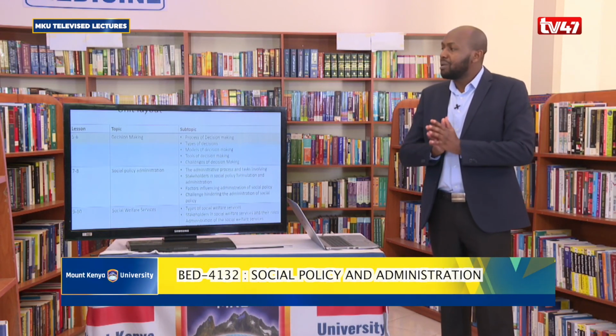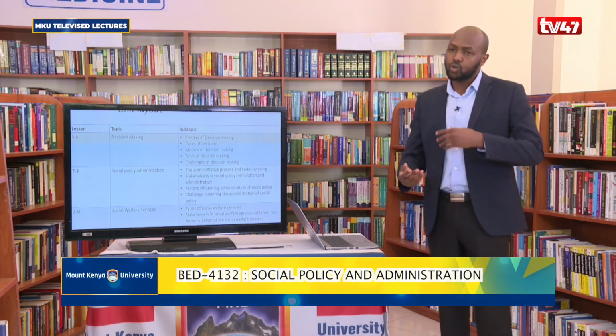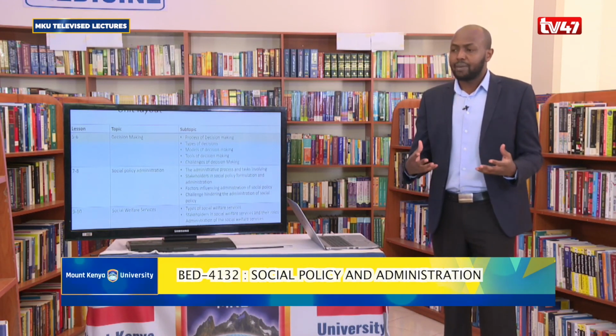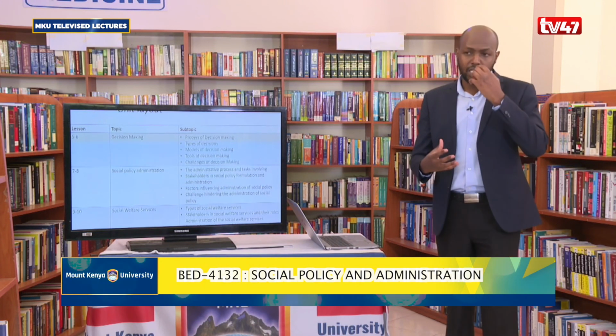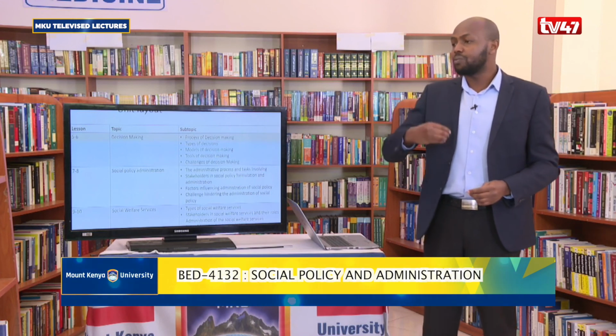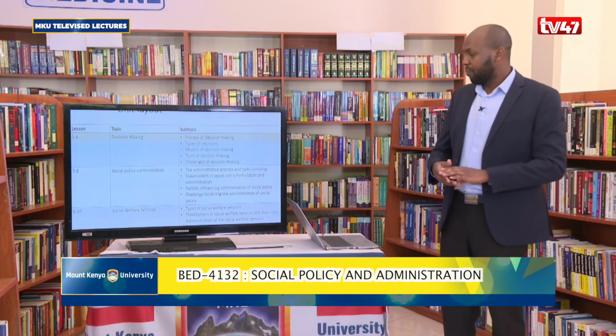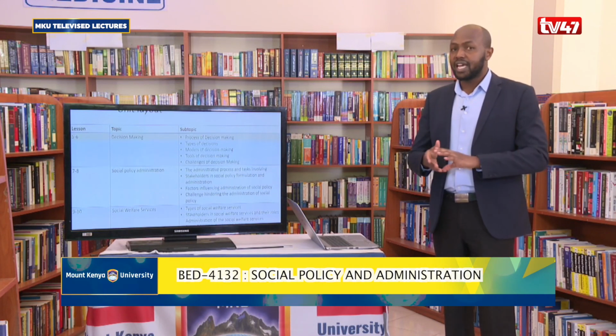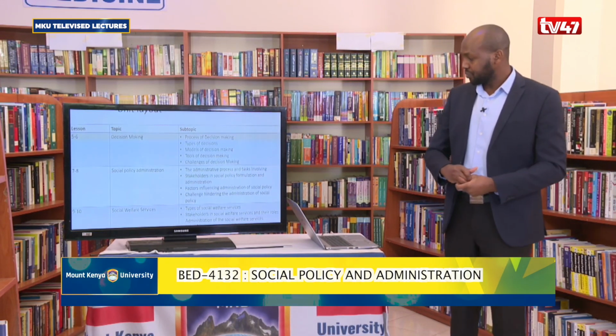You will also find maybe the private sector, which one way or another also plays an important role when it comes to implementation or the realization of the objectives of a social policy that has already been developed or is in the process of being developed. You might want to also get their input in that regard.